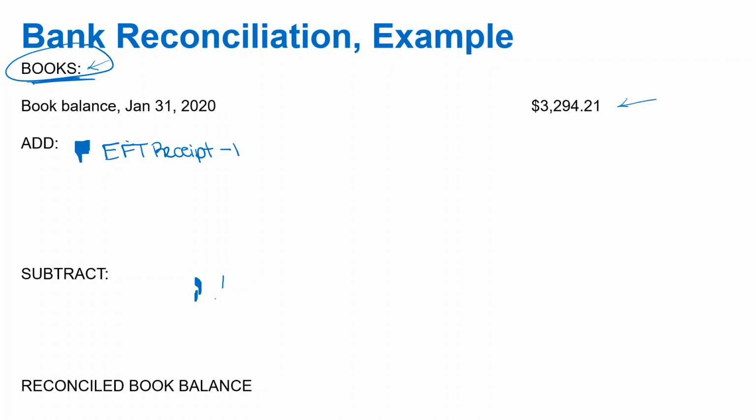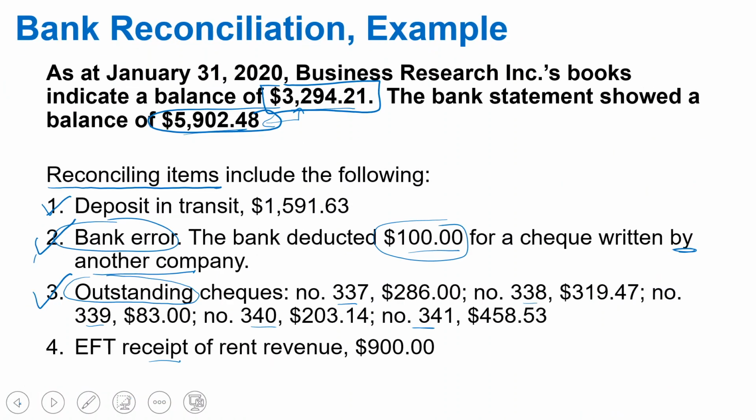And this was for rent. So we'll make a note. It's an EFT receipt for rent, and it was $900. Okay. So we've dealt with these four.